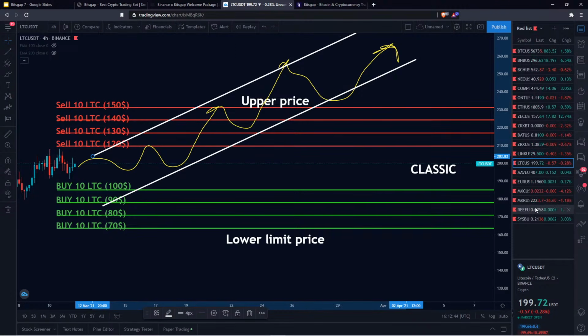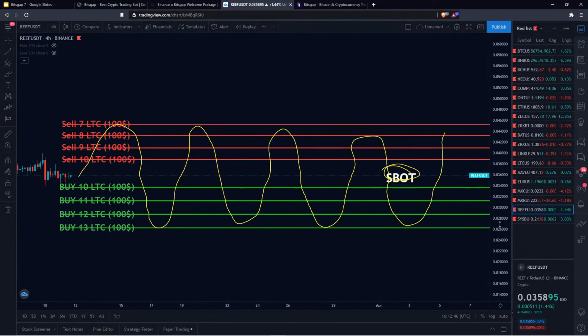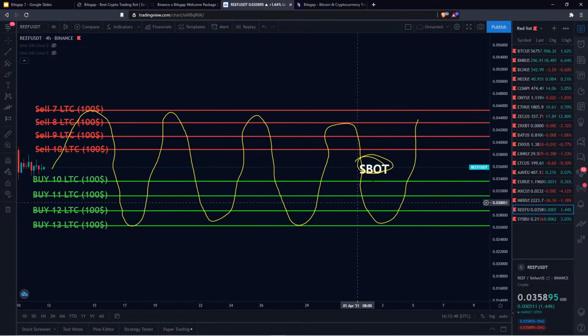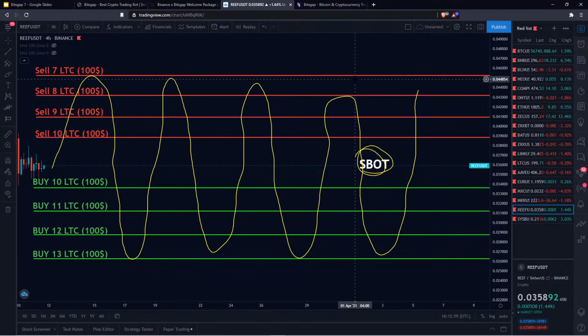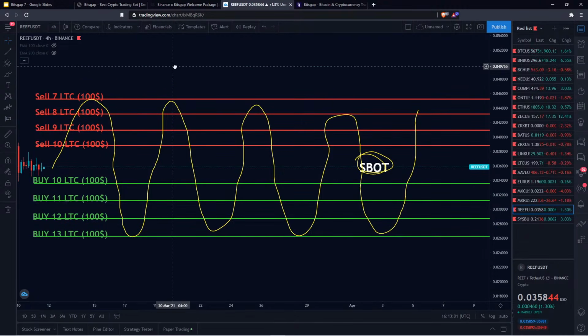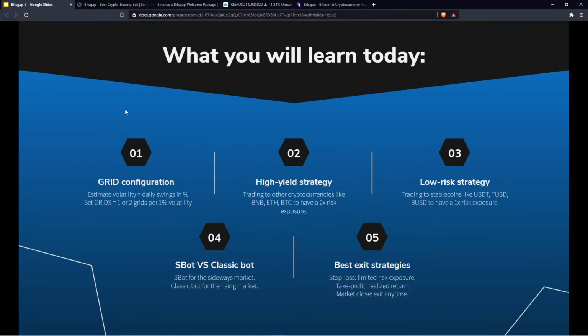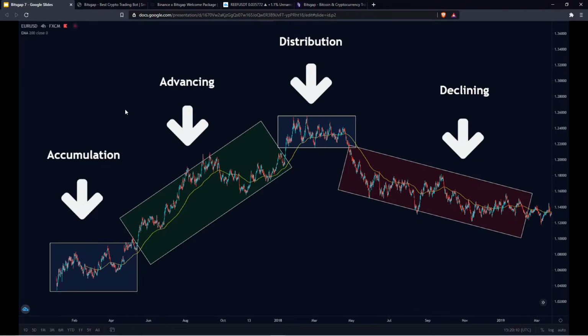And for the SBot, we are looking for something like this. Basically, that's the horizontal movement within the support and resistance lines. So the point here is which market phase we are currently in.